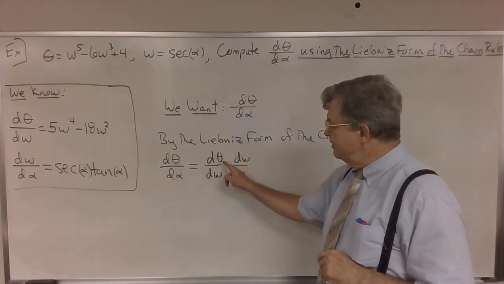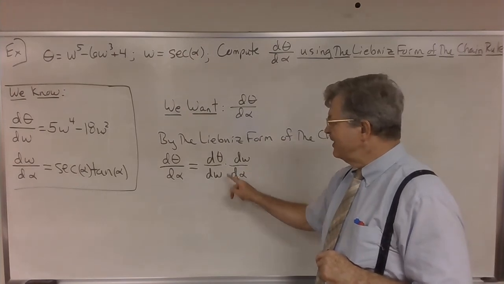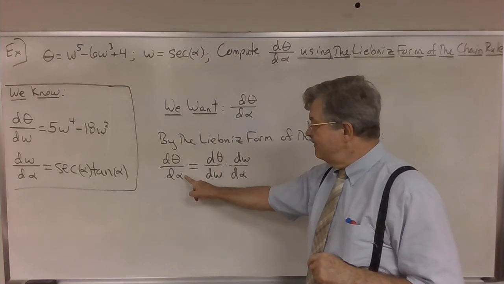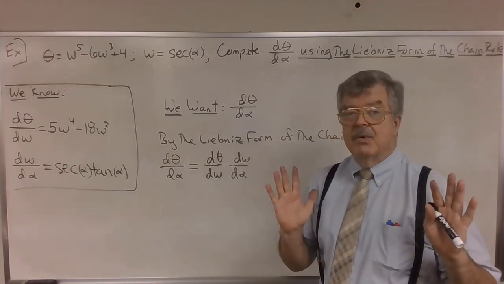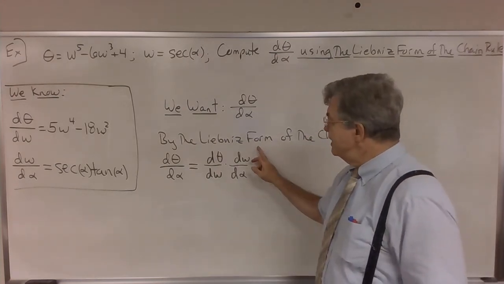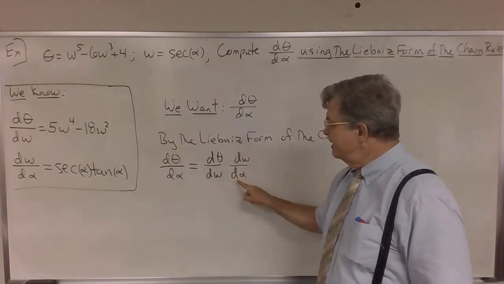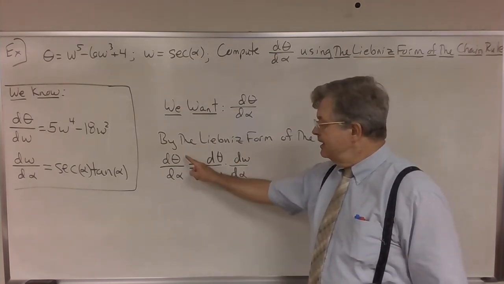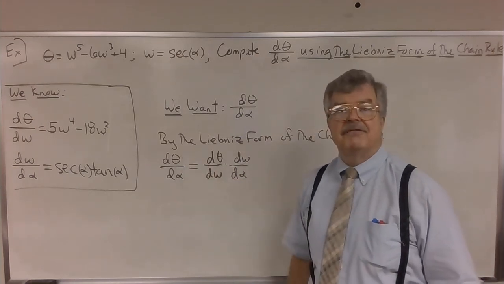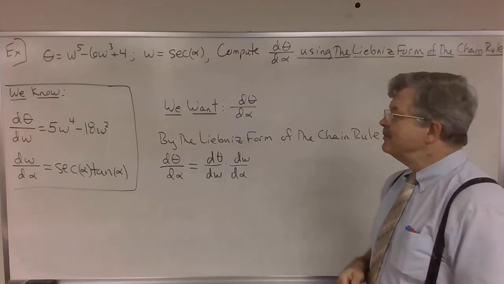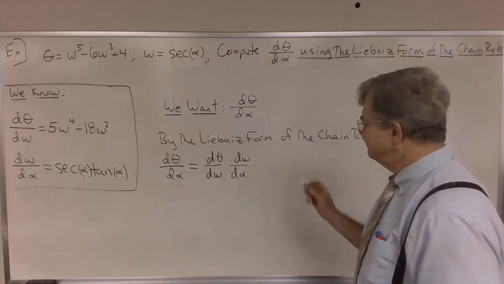I should have d theta d alpha, d theta d alpha. Okay, it works. If I imagine myself canceling out the dw's, I have d theta d alpha on the right, d theta d alpha on the left. It means I've written it correctly. So, full steam ahead.